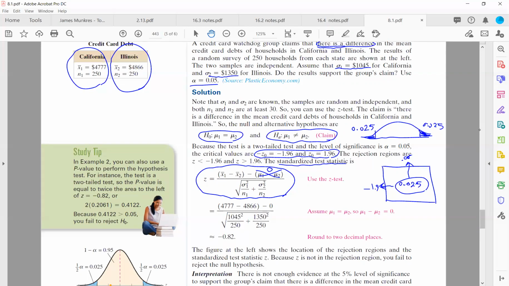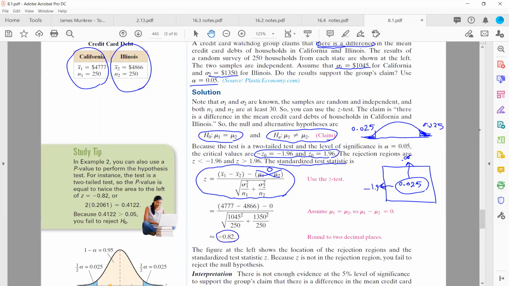So we plug in the values that we have. x1 bar, x2 bar, you subtract these two, divided by square root of sigma 1 squared, so sigma 1 is given, you raise it to 2, divide by n1, n1 is 250, plus sigma 2 squared, which is 1350, you raise it to 2, divided by 250.